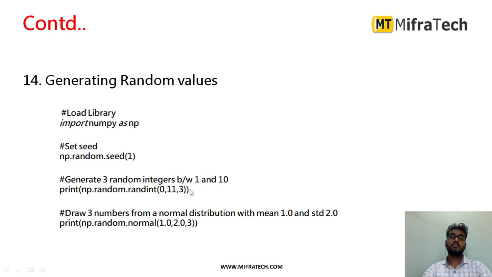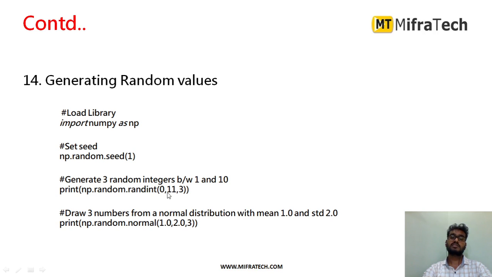When you want particular random values, like an integer random value between a confined interval, like in this example where I had 3 random integers between 1 and 10, we have an inbuilt function. np.random will generate a random value. Here I particularly want an integer random value, so np.random.randint, and I have to mention the interval.